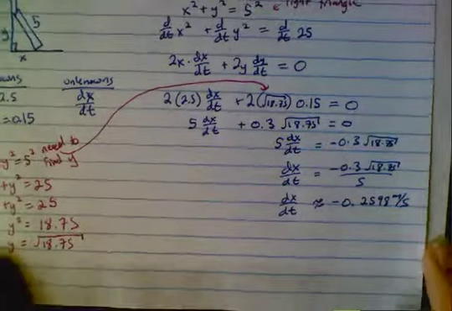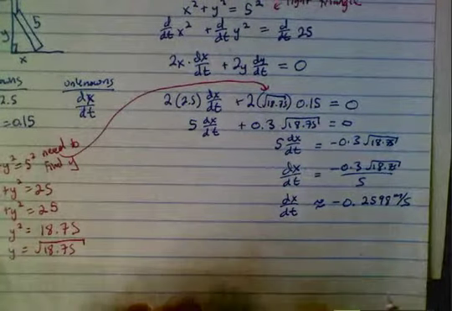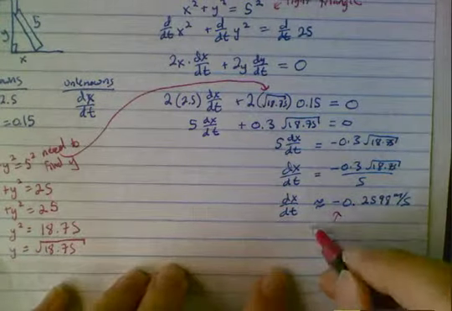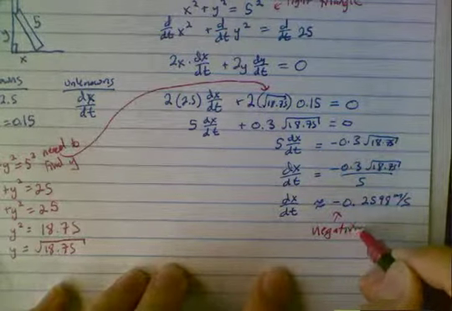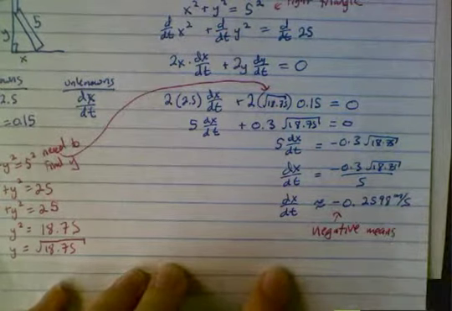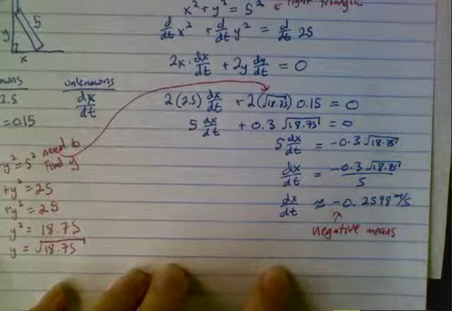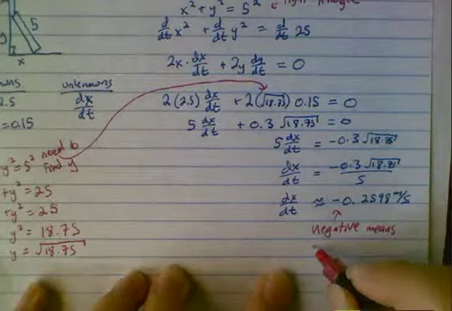And there we go. This negative right here means that the rate of change is in the negative direction for x. It means toward the left.